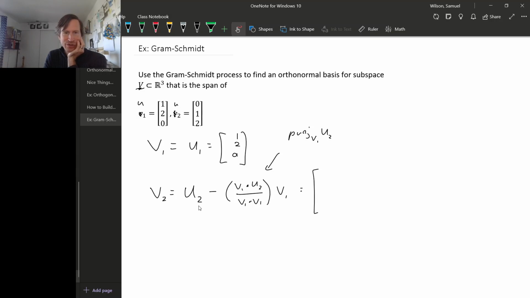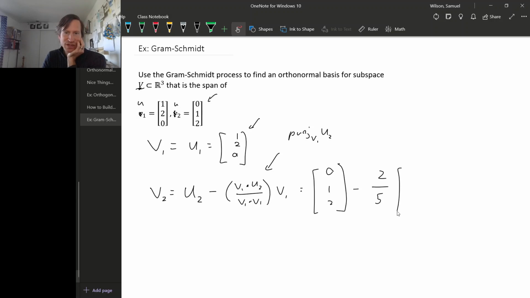So u2 is 0, 1, 2 minus, and then for this fraction, the numerator is the dot product of v1 and u2, and the dot product of those is 2. And then this denominator is v1 dot v1, and it looks like that's 5.